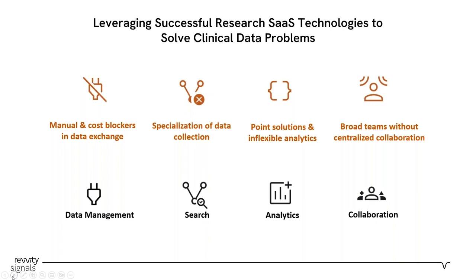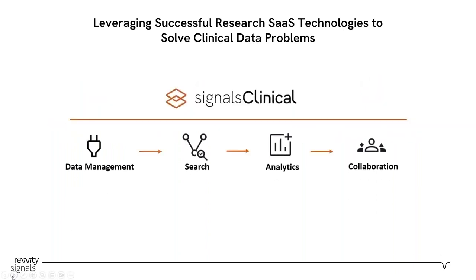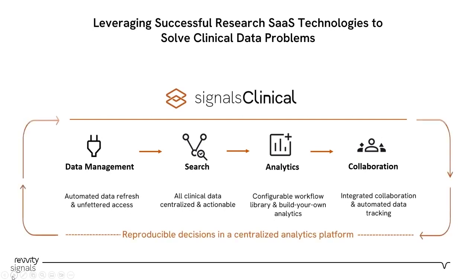So in order to address these challenges, these are the four capabilities we have brought into the fold using some state-of-the-art SaaS technologies. And by SaaS, I mean software as a service, not SaS datasets. So using software as a service technologies, we brought in the ability to address all of these four key components in Signals Clinical.